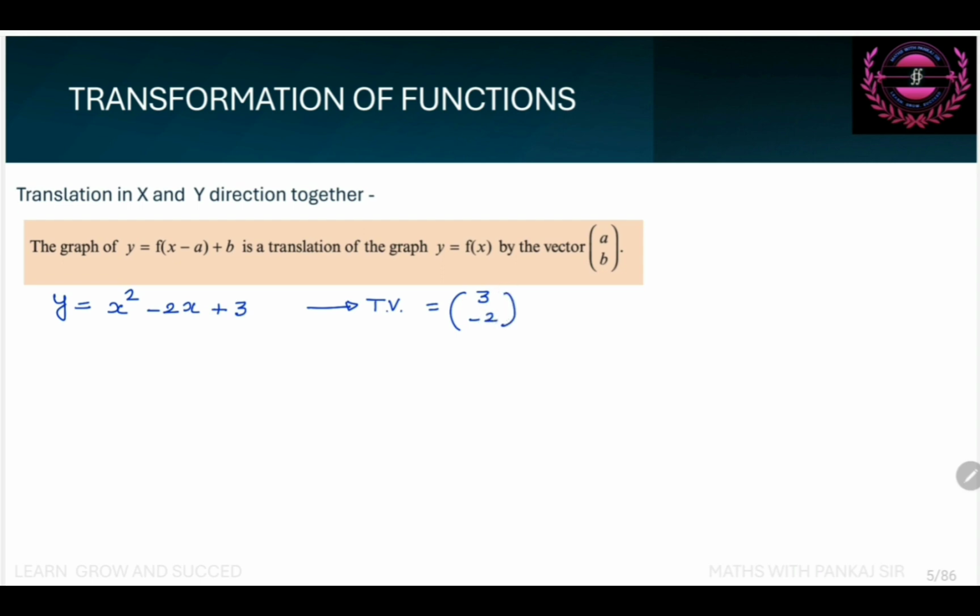So this indicates 3 units of translation in the x direction, and this indicates 2 units of translation in the negative y direction.